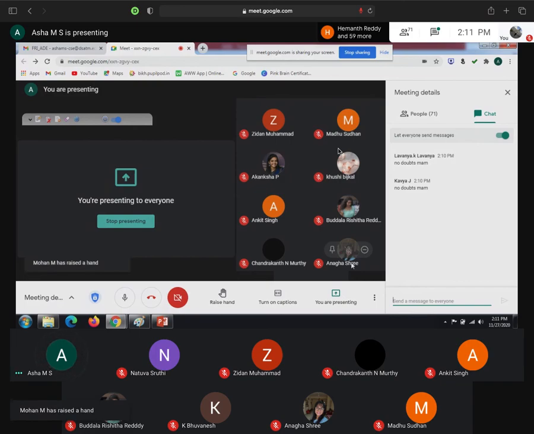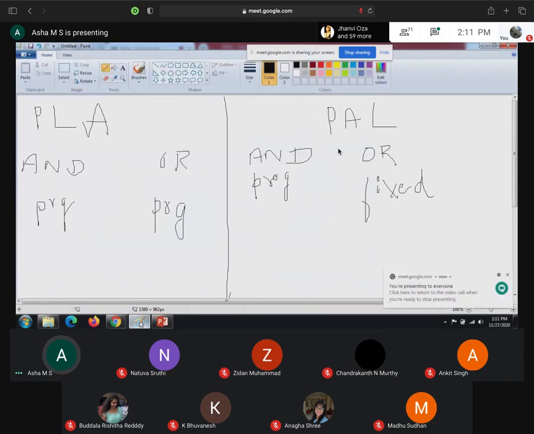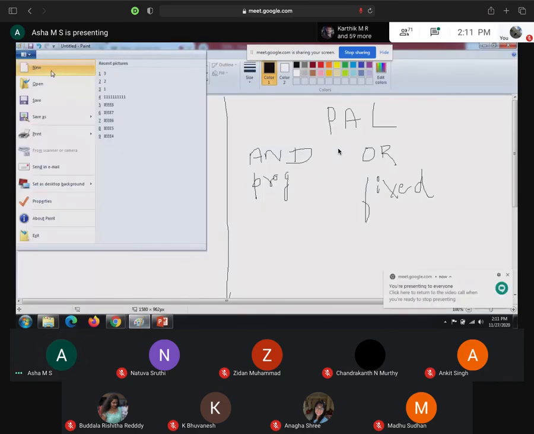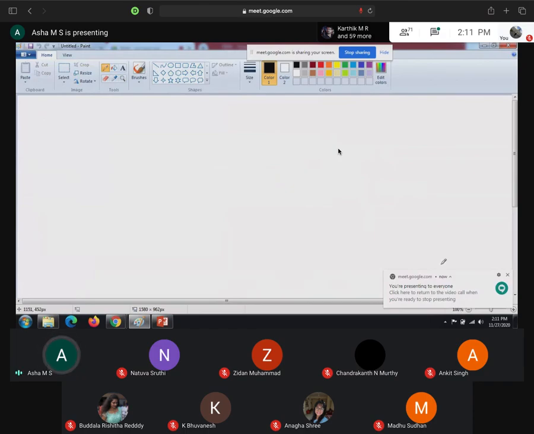Implement the following given equations using first one PLA, second one ROM, third one PAL.